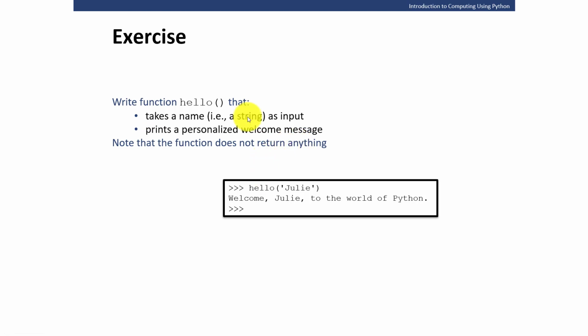So the type contract defines the relationship between the input arguments and the return arguments, or the input parameters and the return parameters. So the input parameter here is str and the return parameter is None.